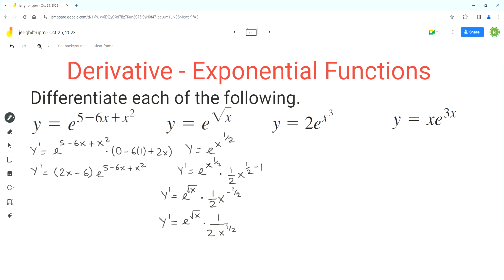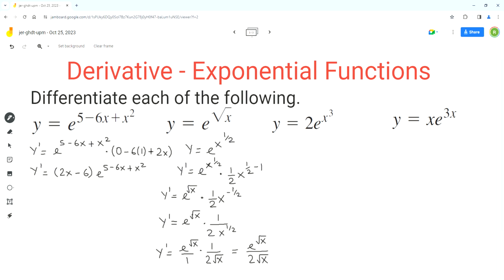Now we know that exponent half is equal to the square root. So we can rewrite this and now we can do the multiplication. The denominator of the e term is 1, and when we multiply these fractions, we get e to the square root of x over 2 times square root x. So this should be the derivative of the second function.